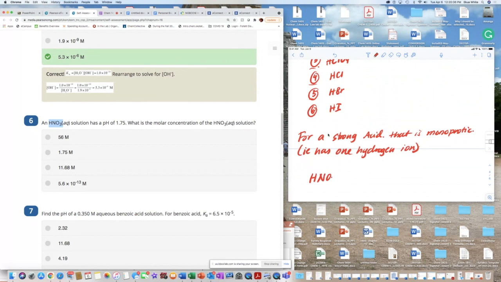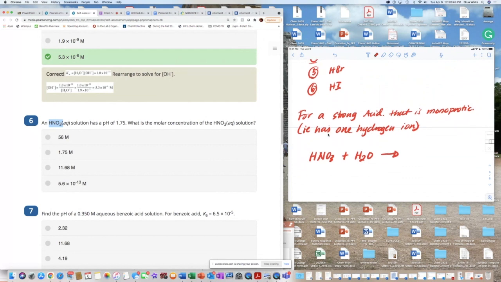Let me take the HNO3, and then for this one here, I'll go ahead and add it to water, and then I'll use my one-way arrow to show you what happens. This is monoprotic, it only has one hydrogen. When I add this to water, I get H3O plus and nitrate.